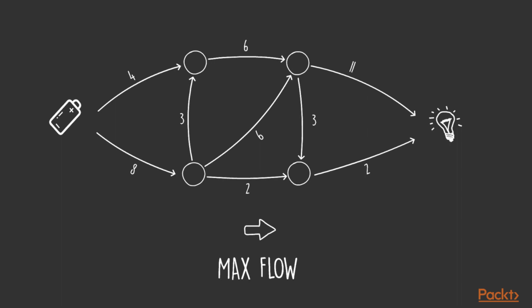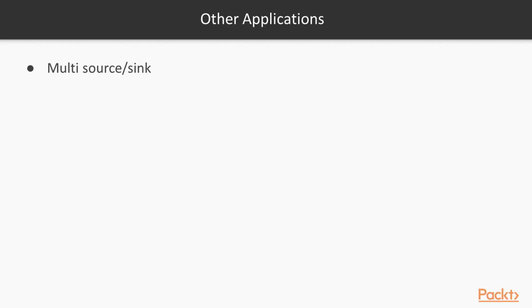We can represent this flow network programmatically by modeling this as a weighted graph data structure, labeling one of the nodes as a source and the other one as a sink, and the rest as intermediate nodes.